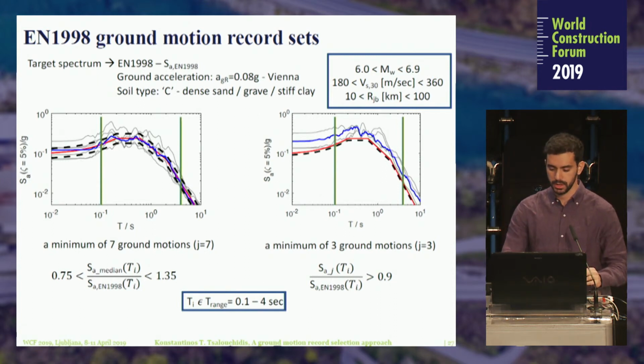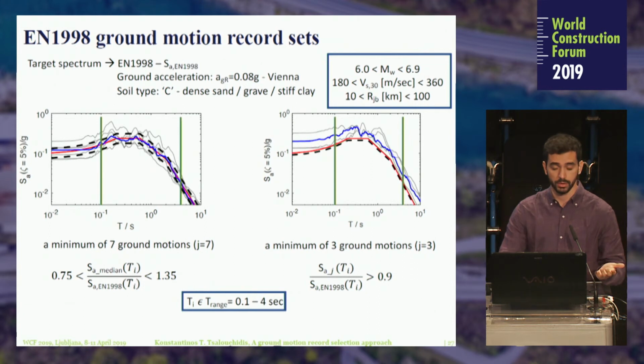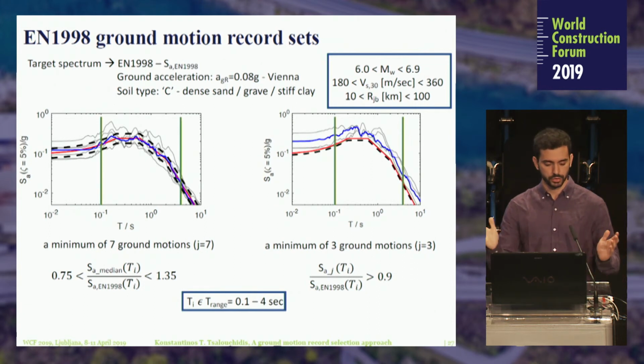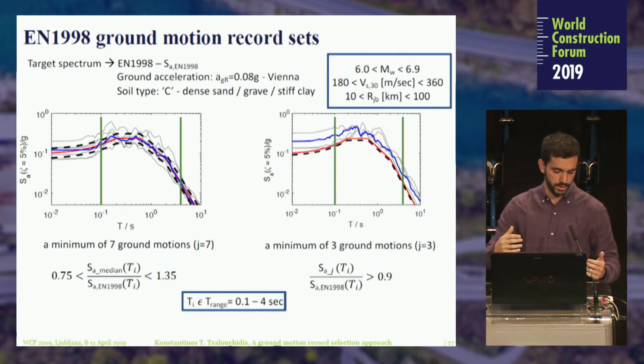I have two different target requirements. With the red lines, you see the target spectrum of the Eurocode. The black dashed lines are the boundaries. On the left side, we have upper and lower bounds: the median of the records that we select should fall between 0.75 and 1.35, the ratio of our median to the Eurocode spectrum.